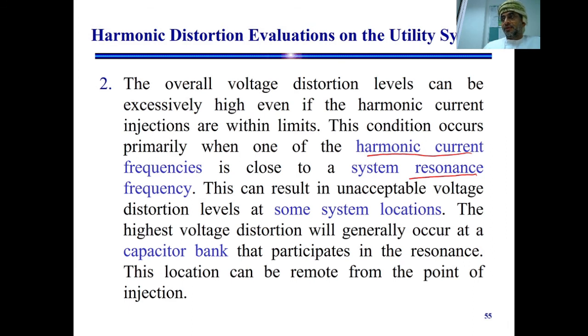Let us say a user injects a lot of harmonics. He places a filter to reduce the harmonics. But that filter can cause another problem to the system. It can cause resonance. So that's why we also need to do a calculation of the impedance with respect to the frequency, to see how the impedance of the system will look with respect to the frequency.